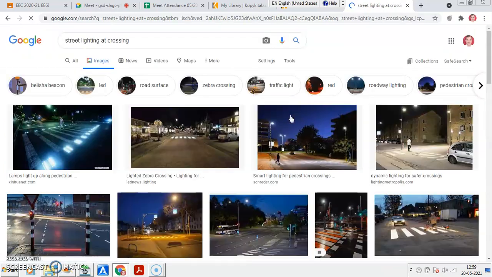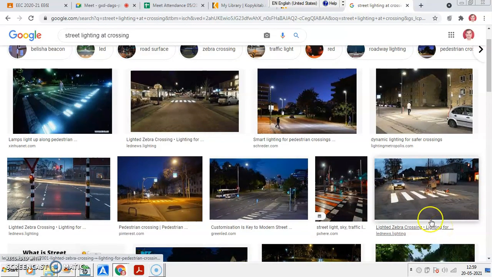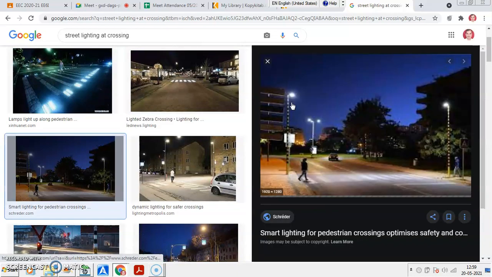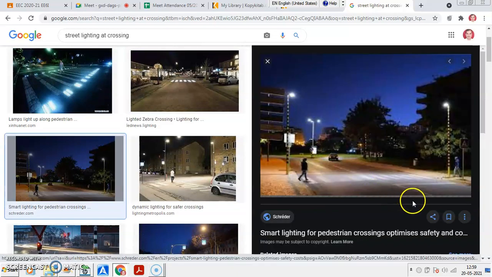The pictures are available. Let us see crossings. These are some examples. Here you can see, here it is diversion of road.